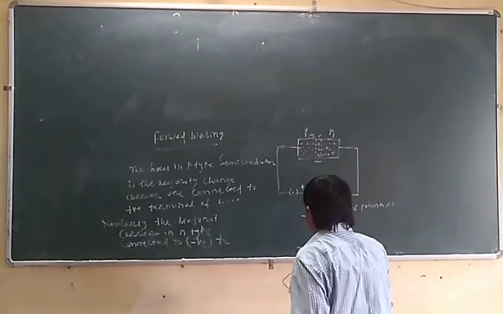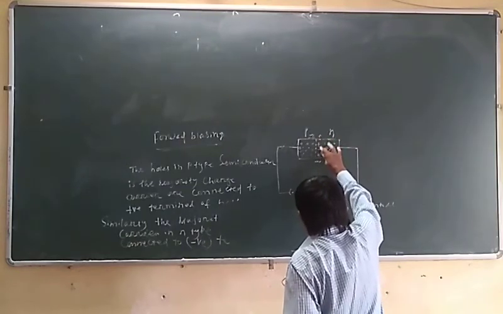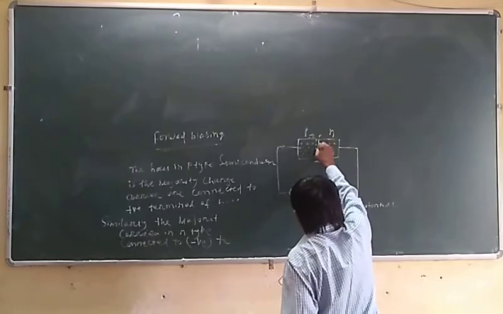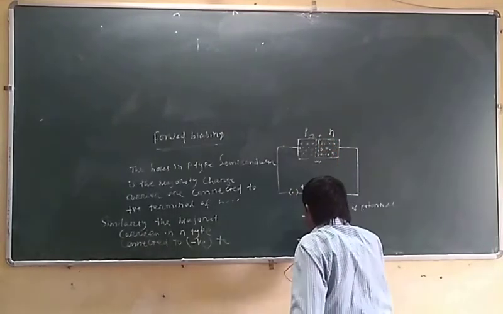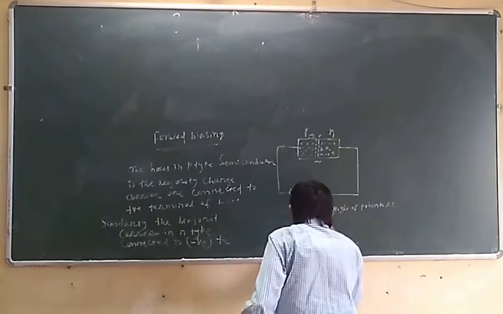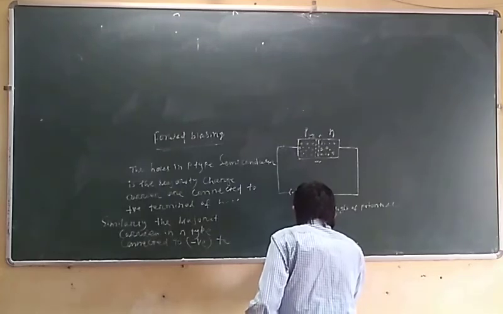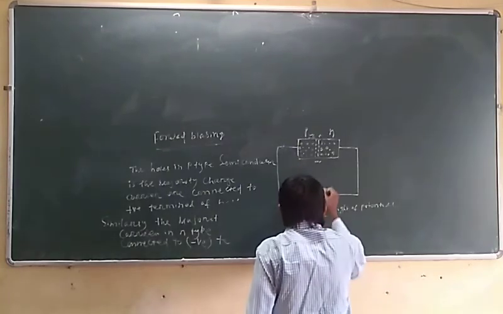When forward biased, the layer will shrink, meaning the distance of this layer will be minimized. Then the higher potential, this will be the position, and the lower potential, this will be the position.